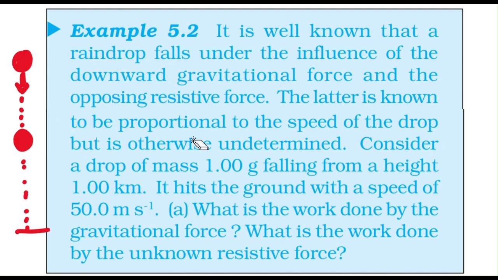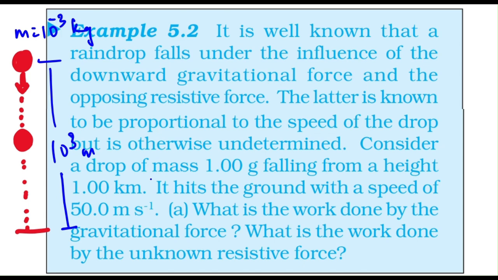The question is, if the raindrop is falling from a height of 1 kilometer, that is 10 to the power 3 meter, let's say this height is 10^3 meter, and the mass of this raindrop is 1 gram, or you can write mass equals 10^-3 kg. I'm just converting all these things into the SI system.